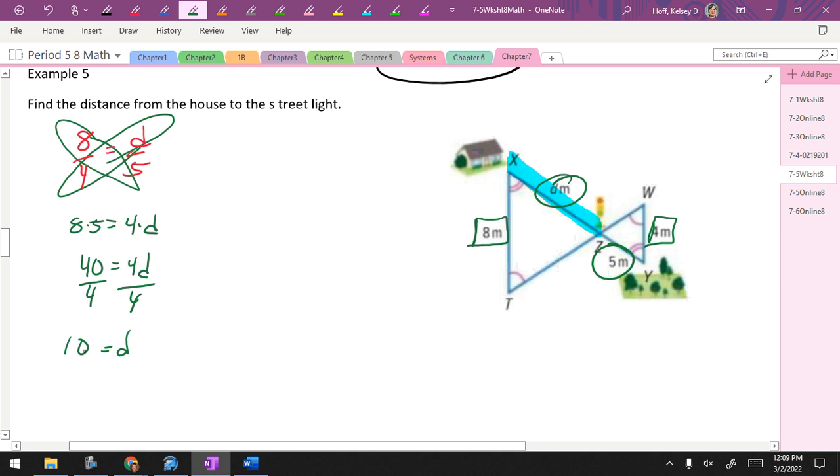Ten? Did you get 10? 10, what would your label be? Meters.